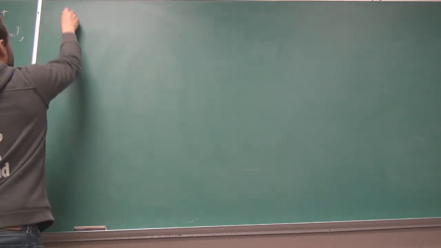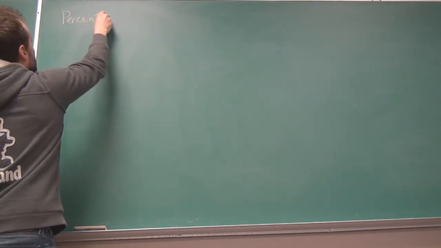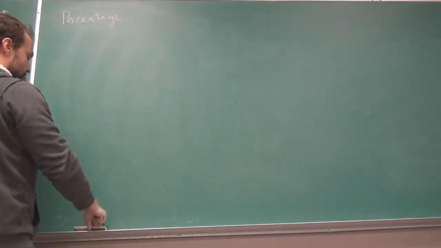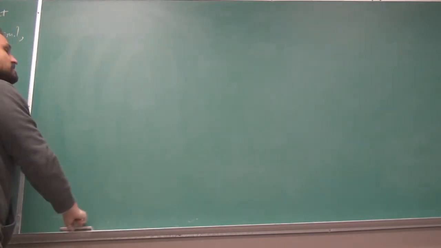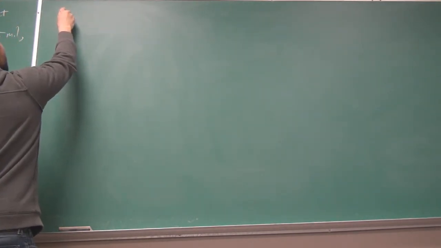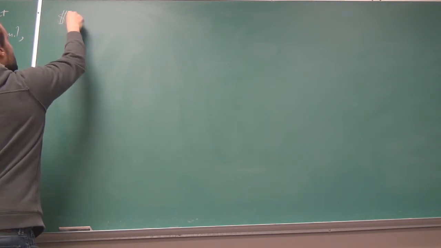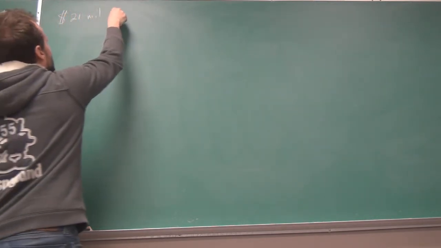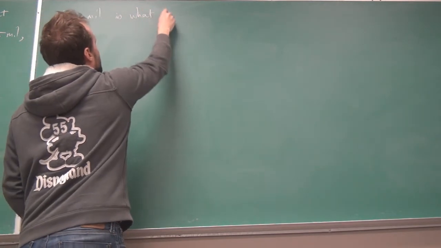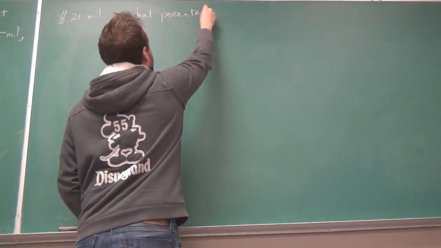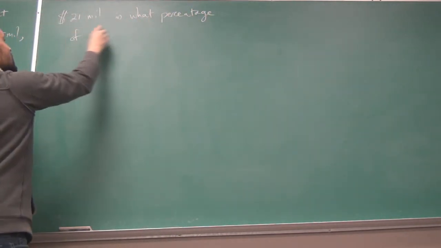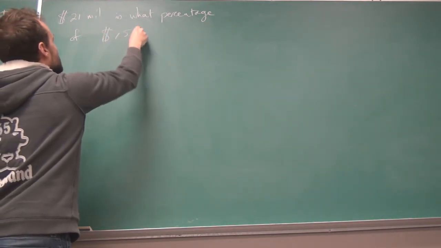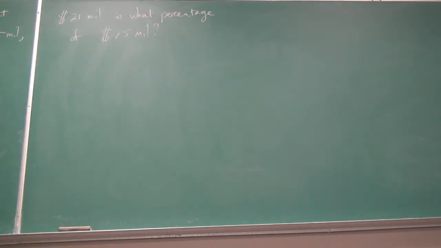Now there are multiple ways you can do this. Let's go with percentage. Let's rephrase the question perhaps. The 21 million is what percentage of the 15 million? That's one question you could ask.